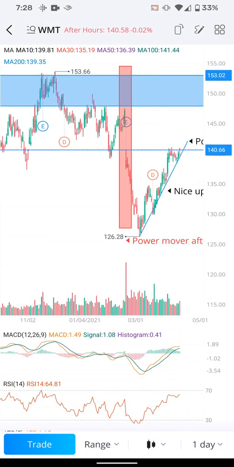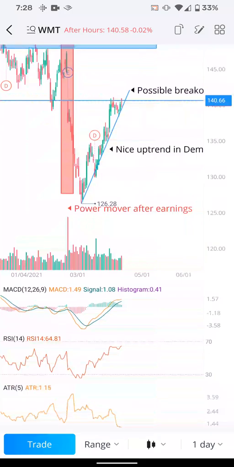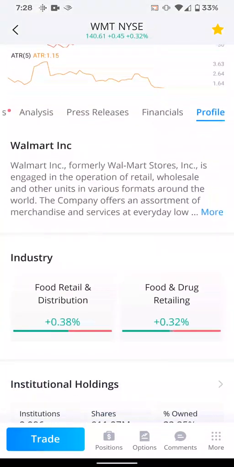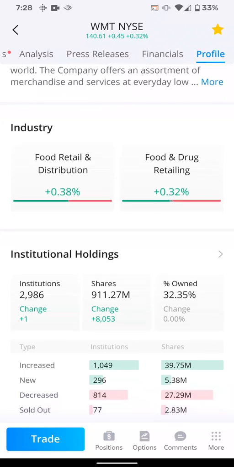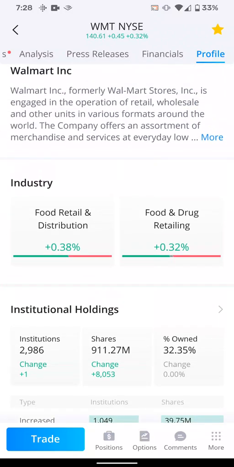So now that we identified a clear trend, which is step 1, and the line leader of this sector, Walmart, a clear line leader, you want to identify if Walmart is moving as a unit or moving solo compared to the other stocks or ETFs in this sector. So if I get up this box right quick and scroll down, we see that, like I said, Walmart is in a retail space.